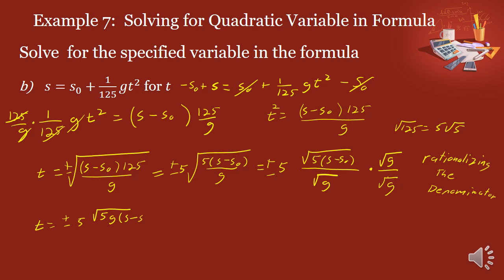And then in the denominator, I have root g times root g, or just simply g. And if I wanted to make this nice and pretty, I could rewrite this as plus or minus 5 over g times the square root of 5 times g times the quantity s minus s0.